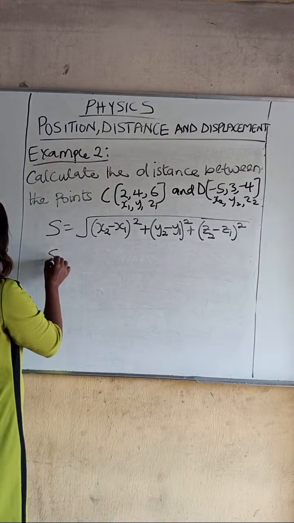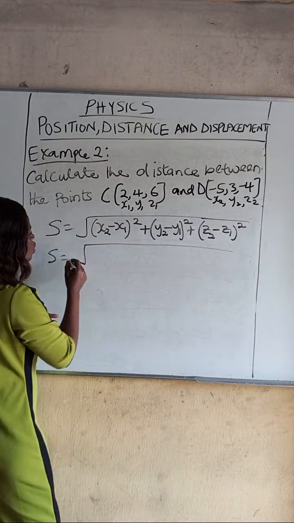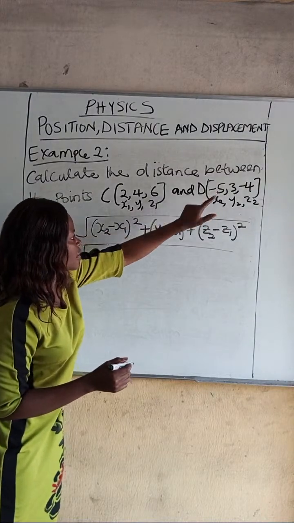Now, if you have gotten this knowledge, you just have to substitute it into what we have. What is my X2? My X2 is -5.